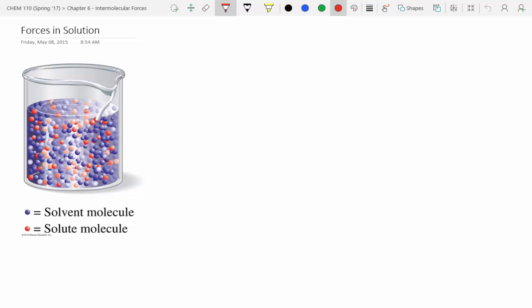That's a good question. All right, so with forces in solution, we said we can measure concentration using moles per liter, also known as molarity. And it's really easy to predict what molecules are going to be soluble in a solvent, right? And the typical way of remembering this is that like dissolves like.